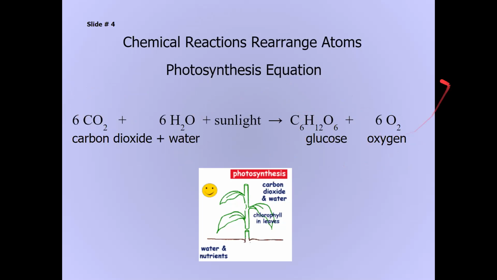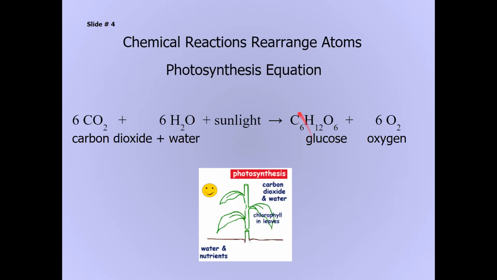All right, so we didn't add anything. You'll also notice that we didn't get rid of any atoms either. So there's a C on this side and some C's on this side. There's O's over here, there's O's over here. There's H's over here, there's H's in the products.